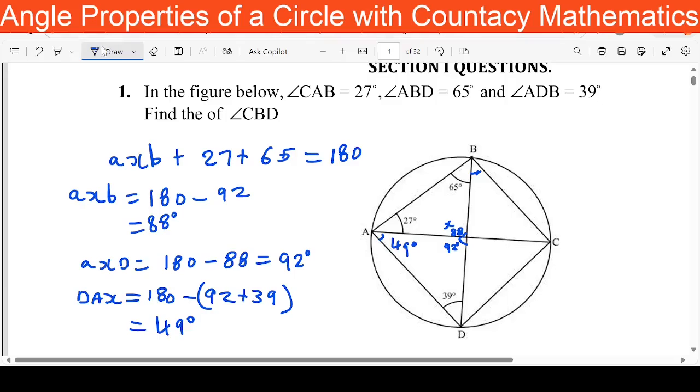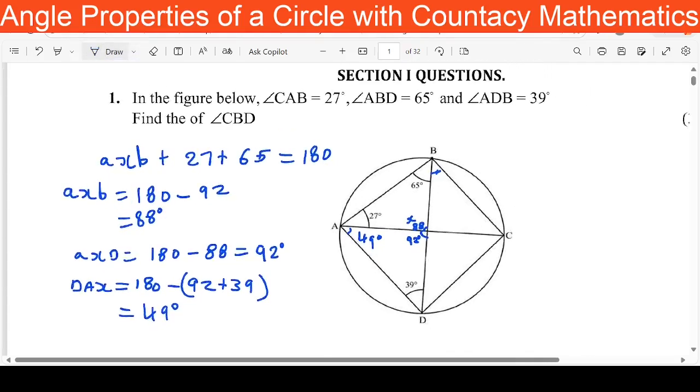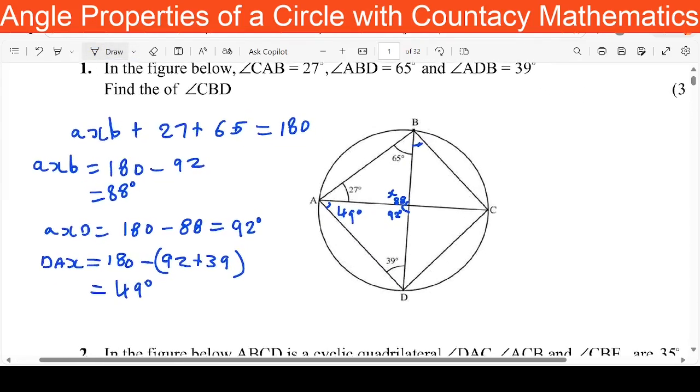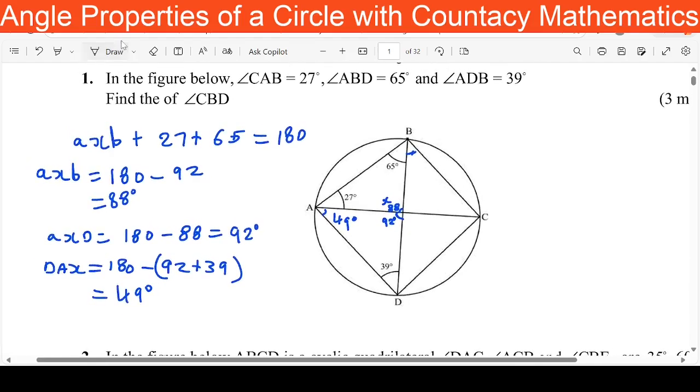So let's go ahead and see if we are getting close to the solution. Remember that what the question is telling us to find is the value of angle CBD.